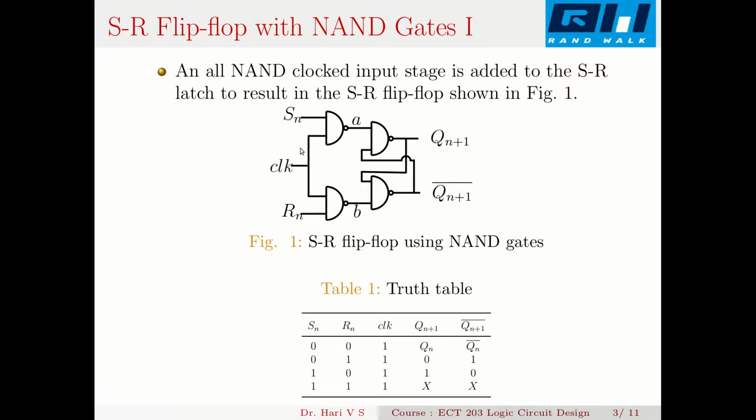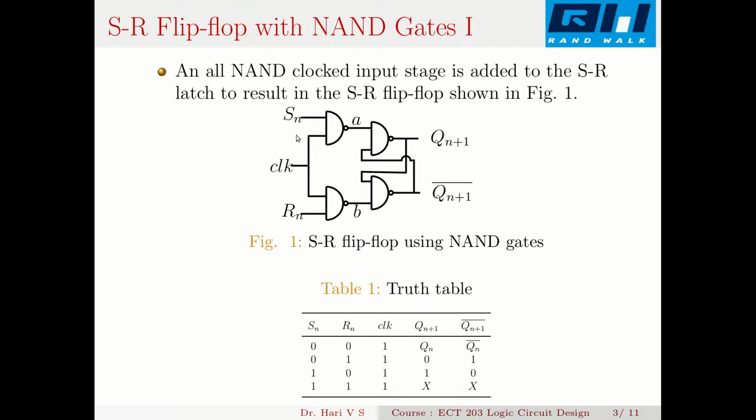Now this index n is something very interesting. Sn and Rn are the inputs at the nth clock cycle, and these are the outputs in the next clock cycle. These are Qn plus 1, that is the n plus first instant, and this is Qn plus 1 bar. Now this circuit is a synchronous circuit.